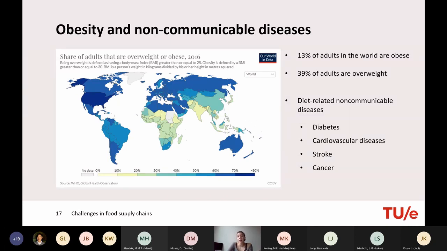And there are a number of diet-related non-communicable diseases, such as diabetes, cardiovascular diseases, stroke, and cancer. So if we can adapt our dietary consumption, then we can also prevent these diseases from happening and ensure that our population overall is healthier.